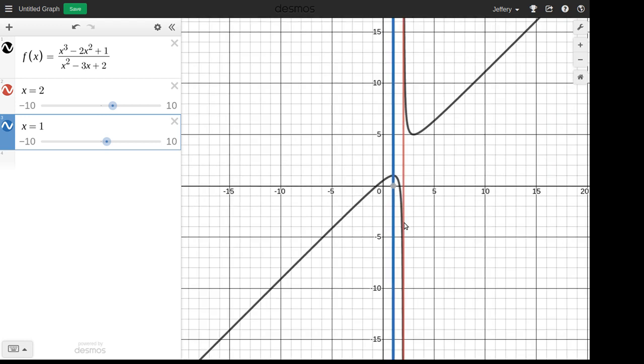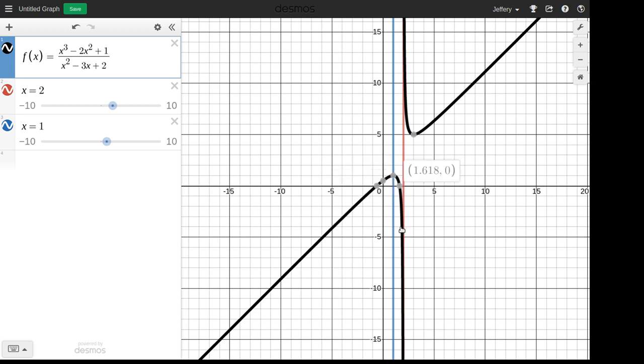And so notice here, on 2 there's a vertical asymptote, but on 1 there isn't. Right? But there is a hole in this graph. We can't exist. Right? We walk this graph and we come here, and we can't exist there. That point can't exist. But we have the asymptote here. And so part of our job is going to find out why there isn't a vertical asymptote at 1.